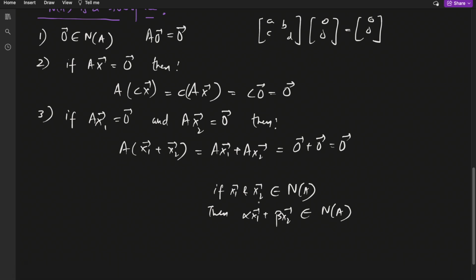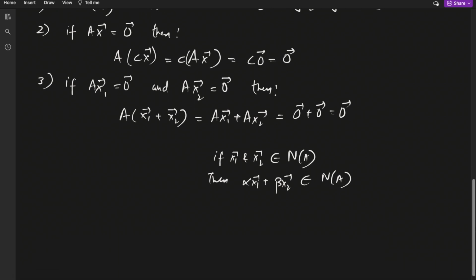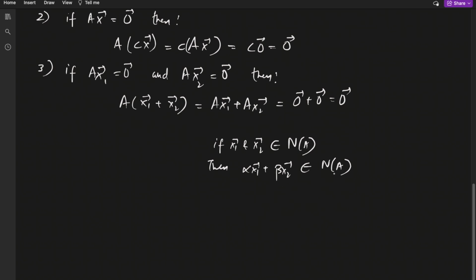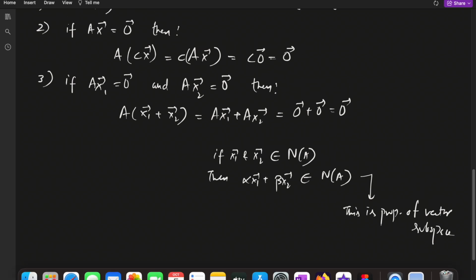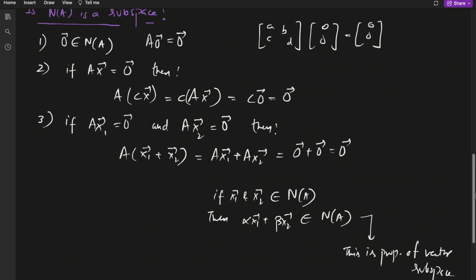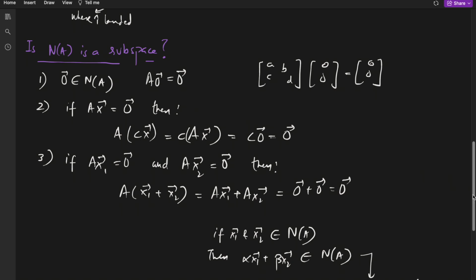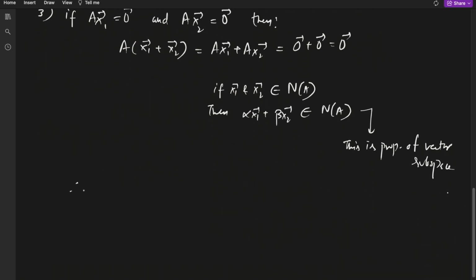So if two vectors x1 and x2 belong to the null space, then their linear combination also belongs to the null space. This is the property of a vector subspace. So both properties of vector subspaces are satisfied: the linear combination also belongs to the null space, and the zero vector also belongs to the null space. Therefore, the null space of A is a vector subspace.